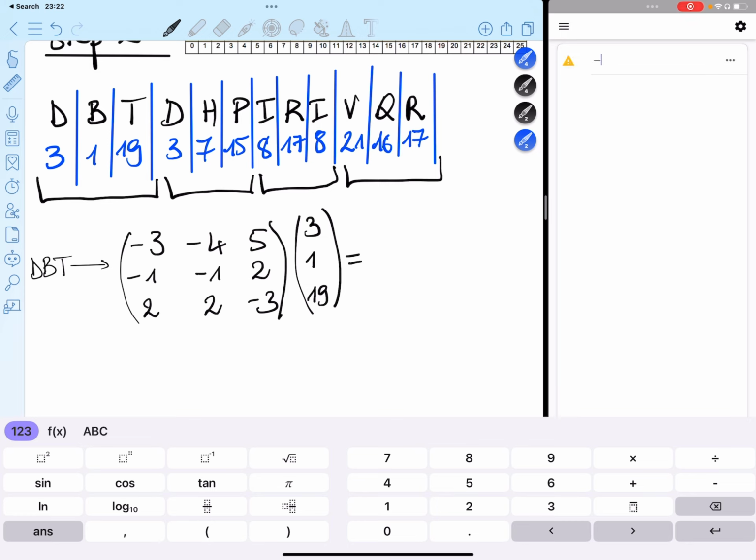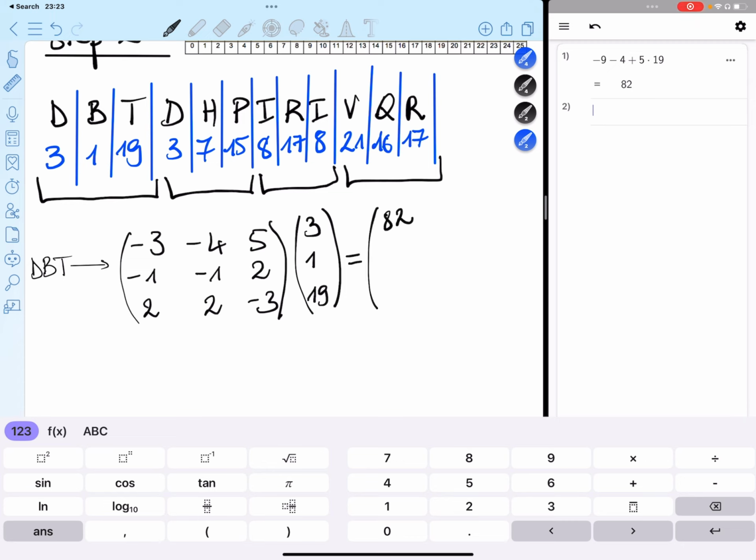So this is going to be minus 3 times 3, which is minus 9, then minus 4, then plus 5 times 19, and that is 82, right?